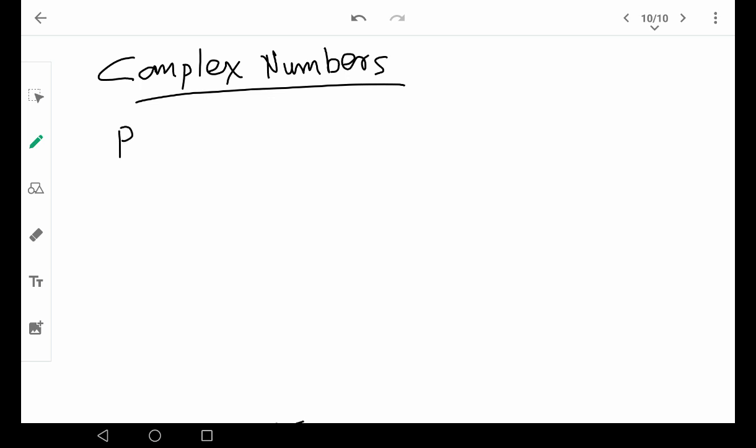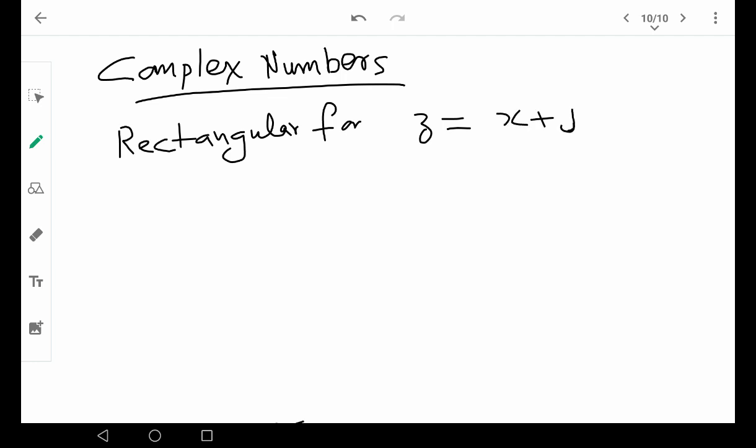The first form is called the rectangular form, in which you write a complex number z equal to x plus jy, right? Where j equal to square root of minus 1.